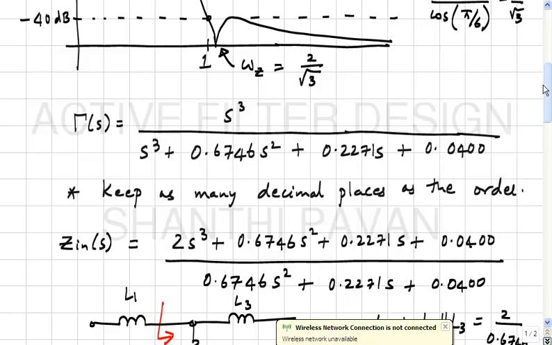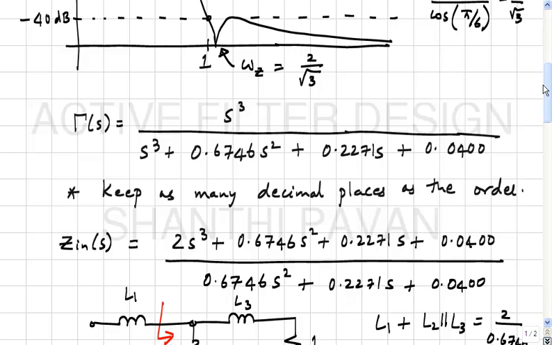1/4 times mod H of j omega whole square is 1/4 times 1 minus mod gamma whole square. The 1/4 goes away. So, we are left with mod H of j omega whole square is 1 minus mod gamma square, from which we get mod gamma square is 1 minus mod H of j omega whole square.